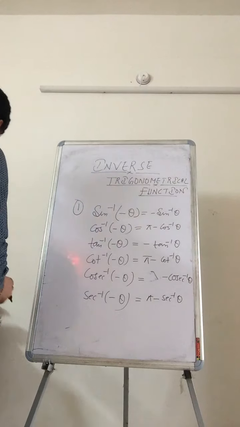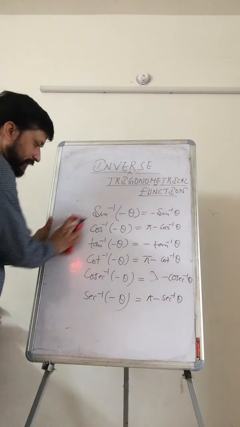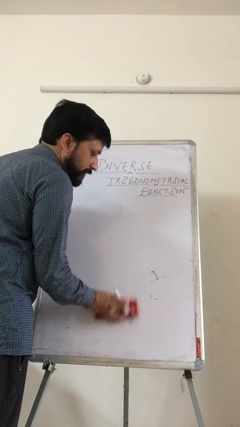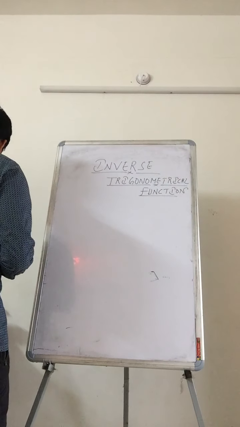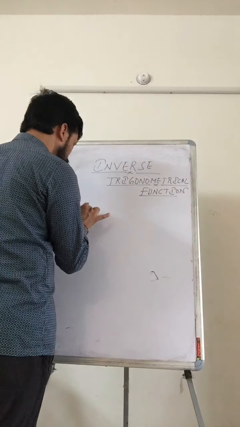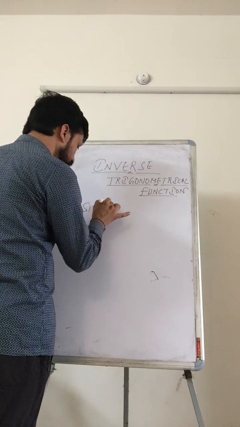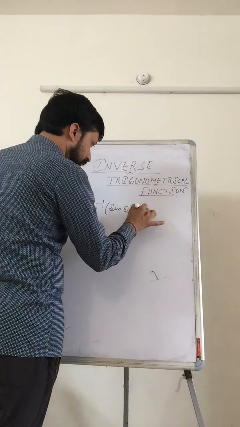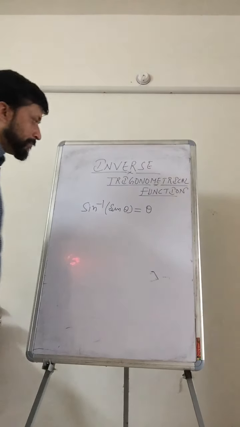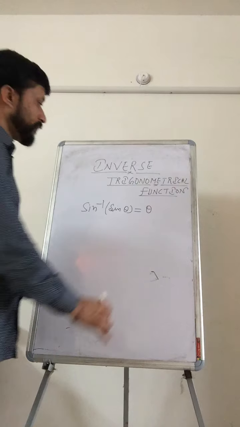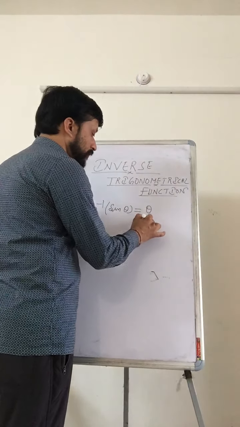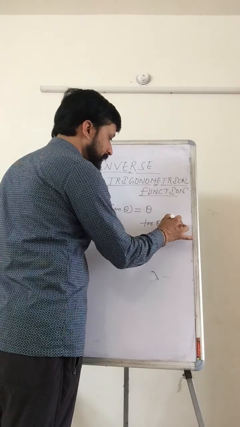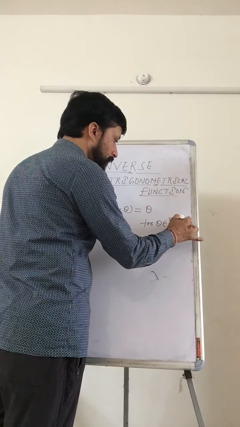Now more are there. This is one set of formulas. Another set of formulas is: sin inverse of sin theta, then we can write theta. But remember that it is only for theta belonging to minus pi by 2 comma pi by 2.